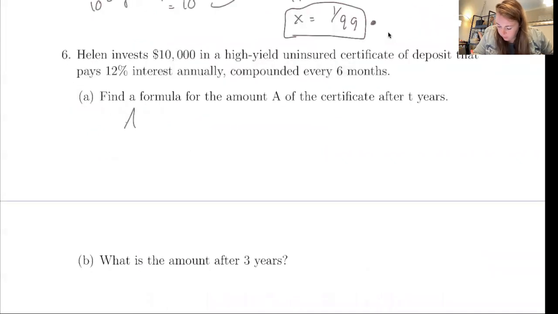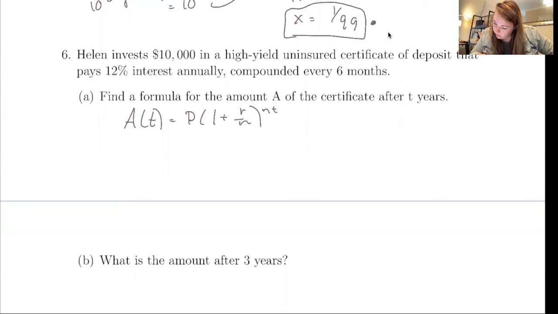So remember that for things that are not compounded continuously, this is our equation, right? A(t) equals P, which is our principal amount, our starting amount, times (1 + r/n) to the nt.